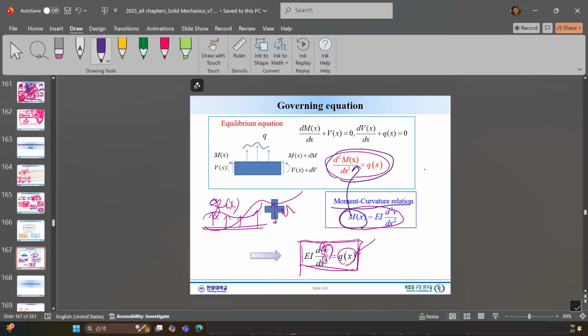Because this is a second derivative, we have another derivative here. So we have the fourth derivative of V times EI equals Q. Oh man, so this is the final. If you want to get the deflection, this is the one you can solve.